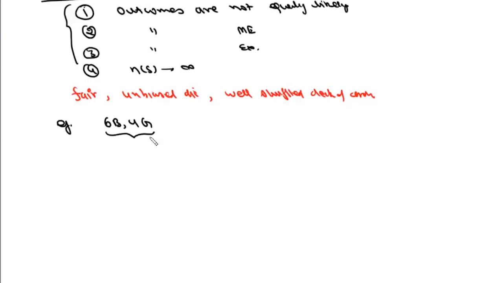From this, we have to select 3 students. Now, selecting 3 students is our random experiment. And the total number of ways of selecting 3 students from 10 students is 10C3. Now, suppose we have to find the probability that all 3 students are boys.